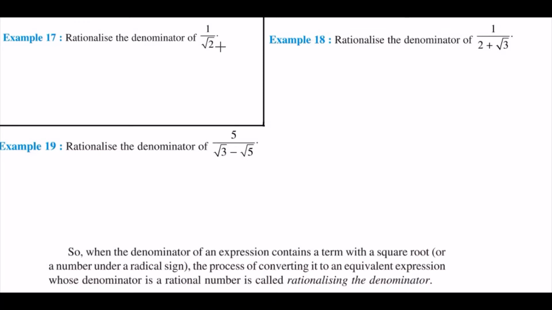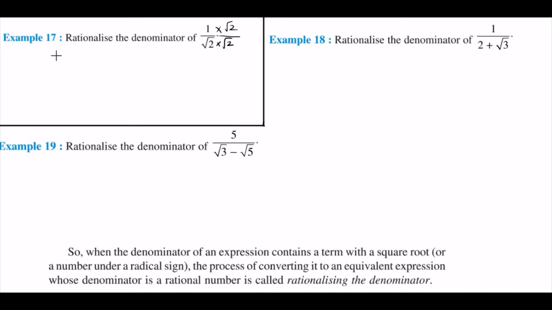Now when you multiply some value to the denominator, you have to multiply the same value with the numerator so that you get the same expression. That is, if you multiply this root 2 into root 2 in the denominator to make this denominator a rational number, you have to multiply the same value with the numerator so that this root 2 and root 2 gets cancelled and it will be 1. So it is equivalent expression.